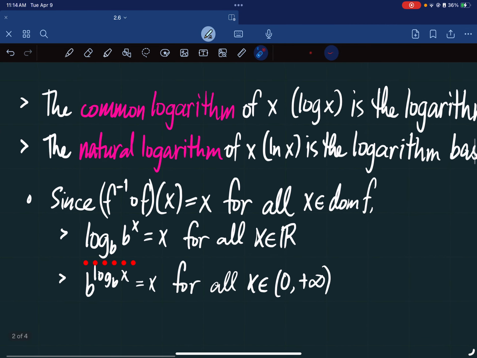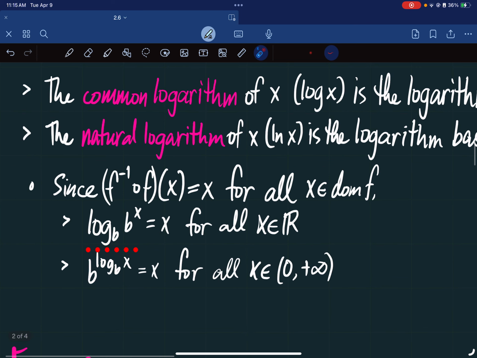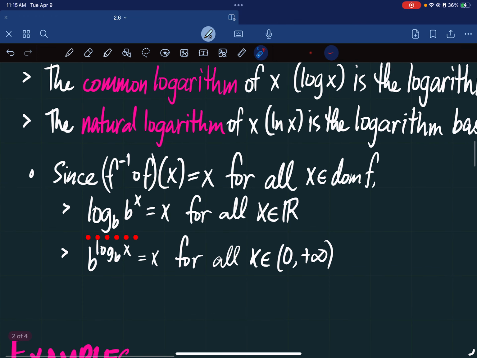Then lastly, since the logarithm and the exponential functions are inverses of each other, we have the following. First, log of b raised to x, base b, equals x. However, we have to be careful for the values of x.